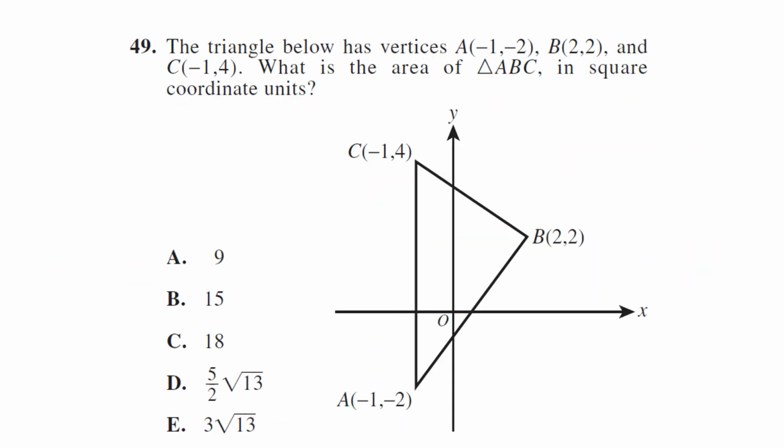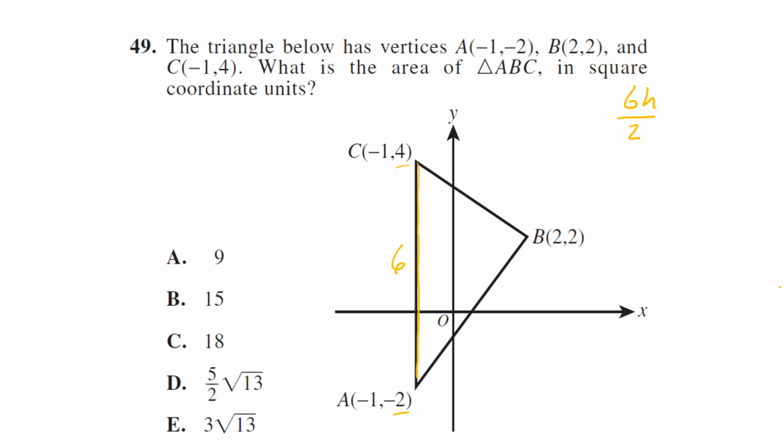What is the area of triangle ABC in square coordinate units? So area of a triangle is base times height divided by 2, or 1/2 base times height. So our base is here. Okay, so it's got our y coordinates. So it's going to be 4, -2, so that is 6.